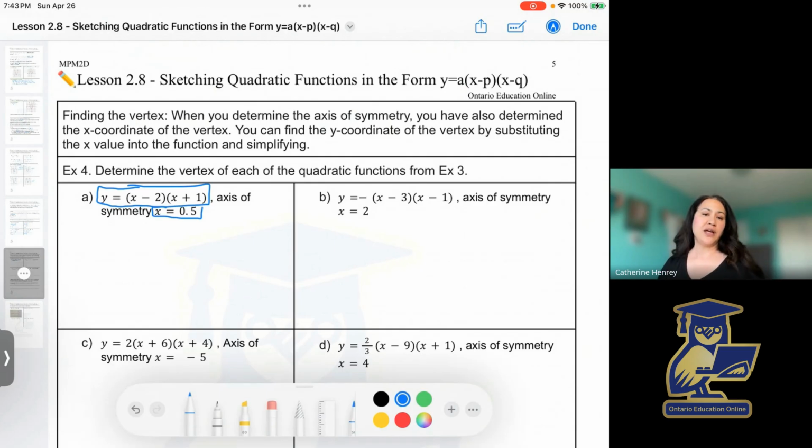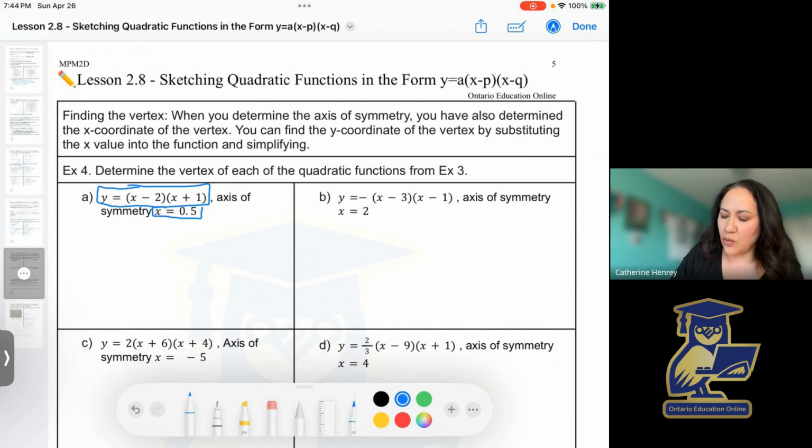In order to find the y value or the y coordinate of the vertex, we'll go ahead and plug in 0.5 for x. So y is equal to 0.5 minus 2 times 0.5 plus 1.